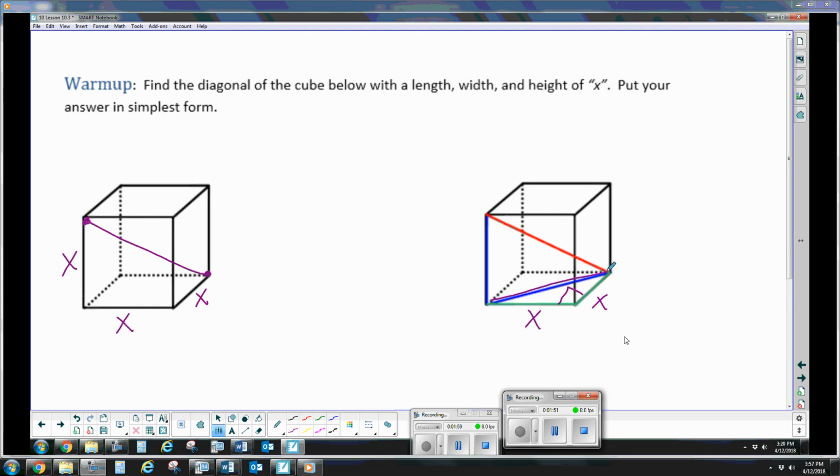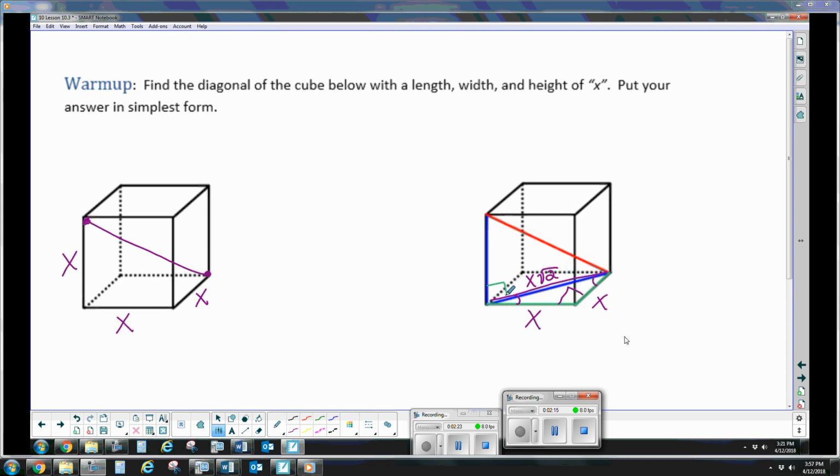So we also know that those two angles are congruent, which makes this a 45, 45, 90-degree triangle. So we can use the 45, 45, 90-degree conjecture that we had in the last lesson to get that hypotenuse, which happens to be the leg of that second triangle.